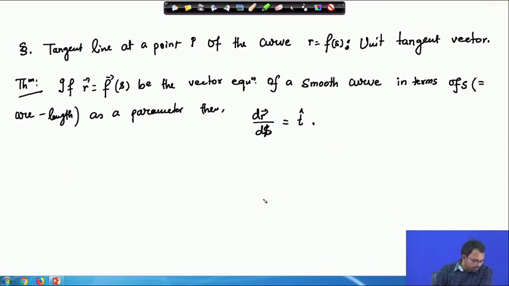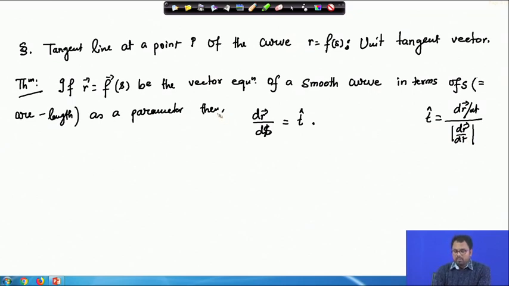So, remember, in our previous class we learned that dr/dt is actually the tangent vector in a way. It gives us the tangent vector on that curve at a certain point. Now, if we want to calculate the unit tangent vector, then we have to divide dr/dt by its magnitude.